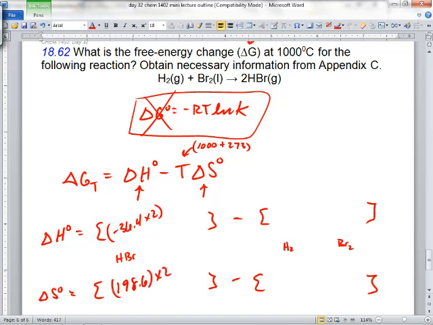All right. And now we need H2 gas, and its delta H. 0. H2 gas, we need its delta S. 130.6. Now we need bromine. Br2 delta H needs to be liquid.